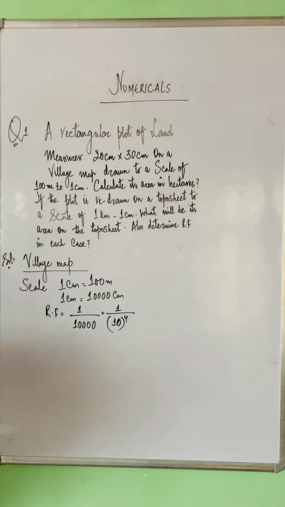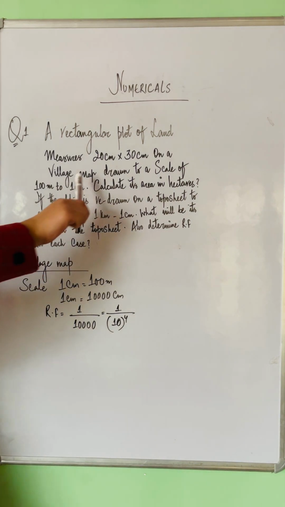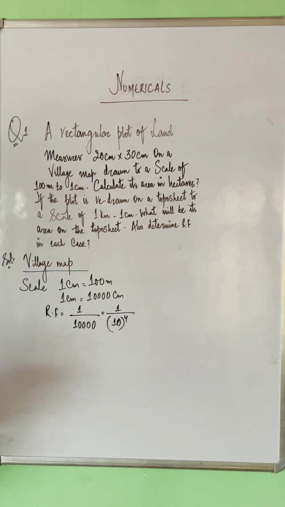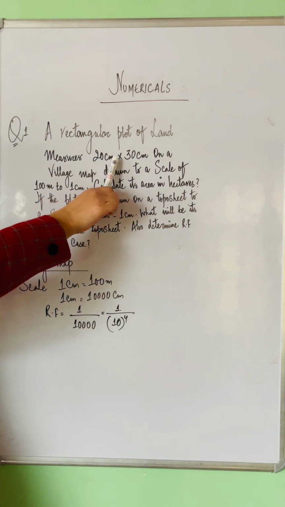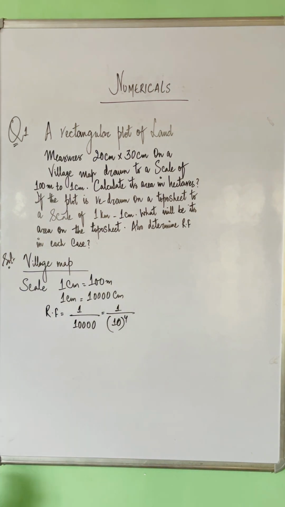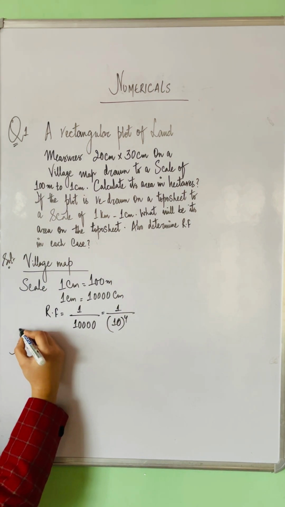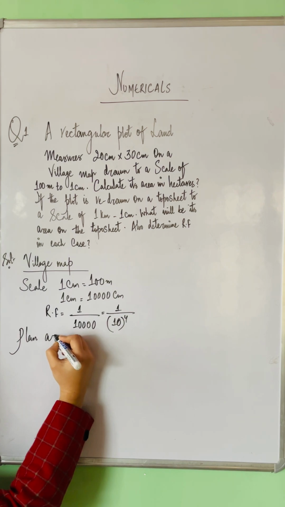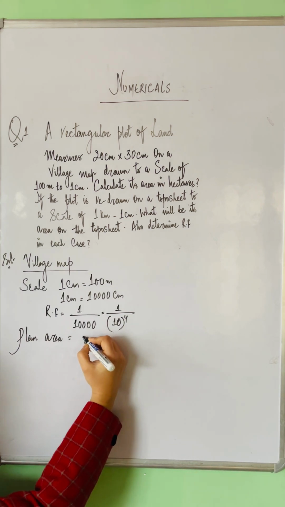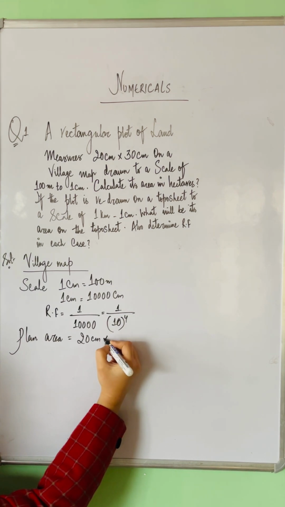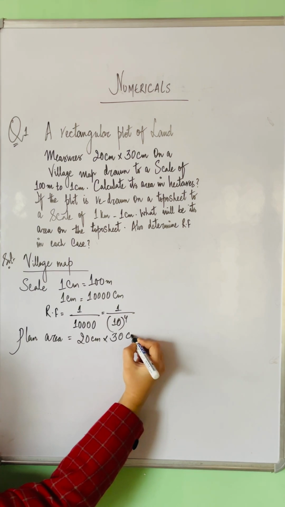So what is area on the plan of this village map? A rectangular plot of land measures this much on the plan. So I'll calculate plan area first. How much it is? 20 centimeters cross 30 centimeters. That is 600 centimeters square.